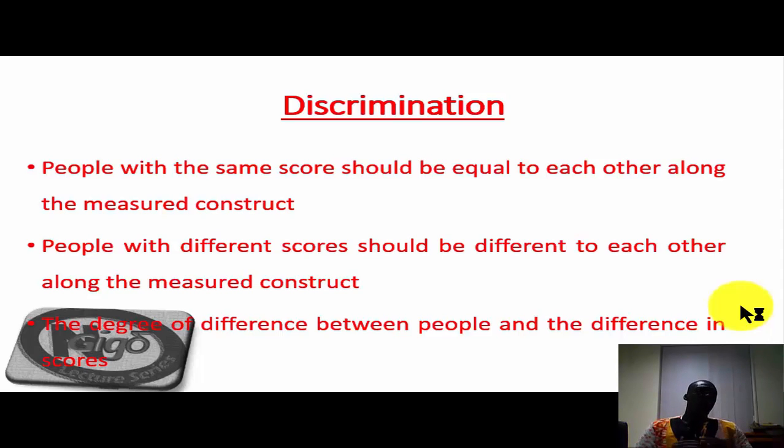Now, on the measured construct, the difference between 50 and 60 is 10, and the difference between 60 and 80 is 20. So it should mean that the difference between the third person and the second person is double the difference between the second person and the first person.